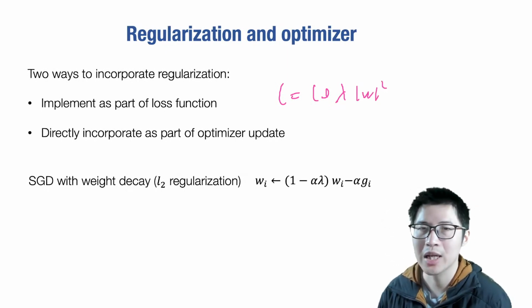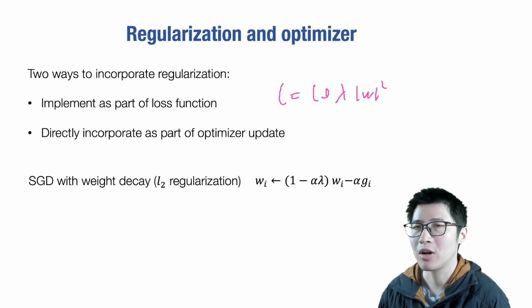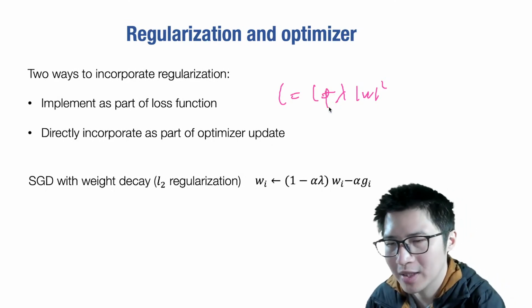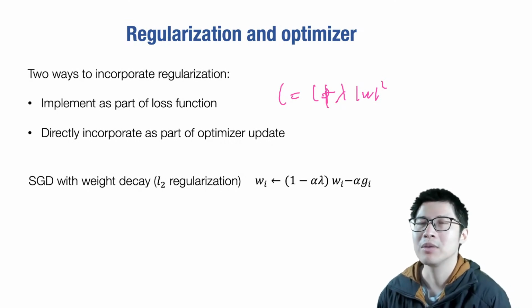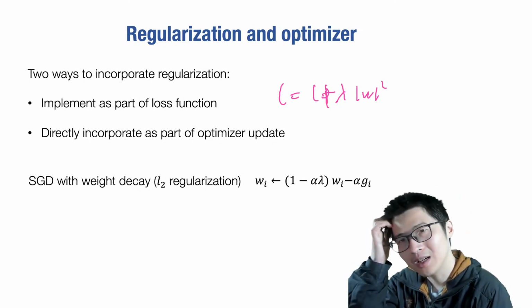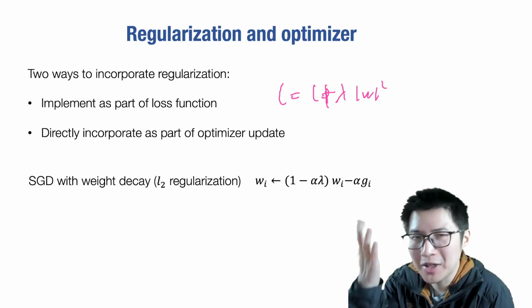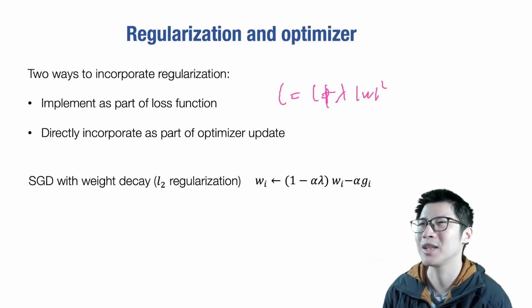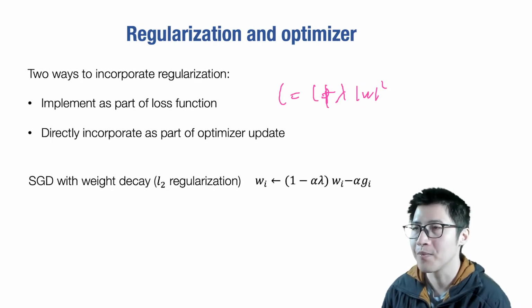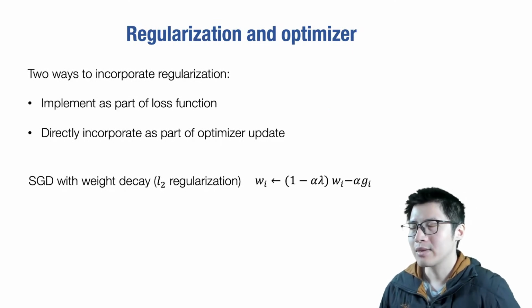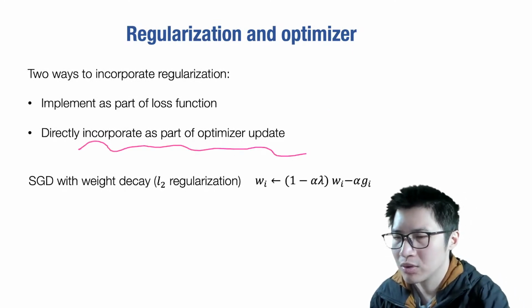And in certain cases, you kind of have to do that, because in more complicated gradient calculations, people might want to compute the L2 norm of the gradient value. In that case, you need to directly do automatic differentiation and incorporate it as part of your loss function. Another way is you can simply incorporate it in your update rule in the optimizer update.